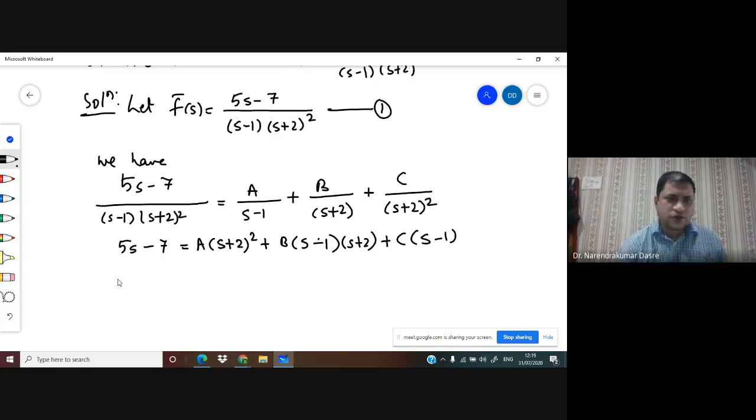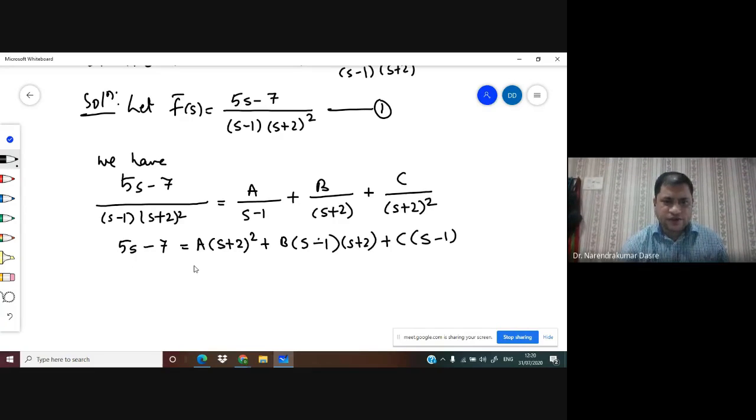Okay, so that's what it is. Now here you can put the value of s equal to 1 and s equal to -2 and get the values of A, B and C, or you can use the coefficient method.